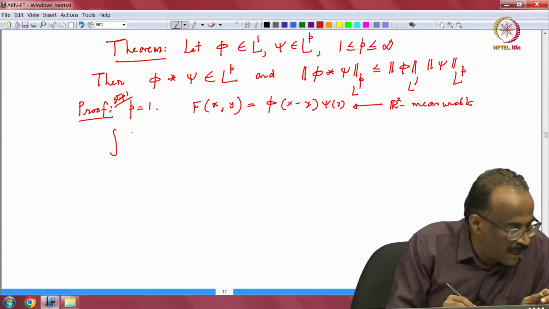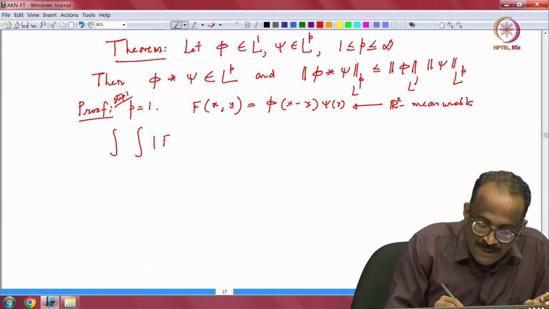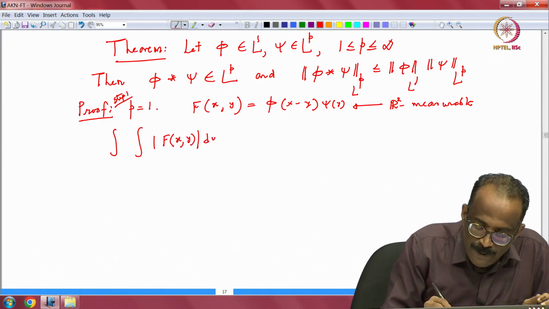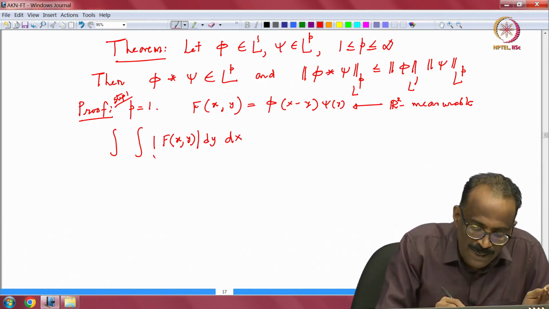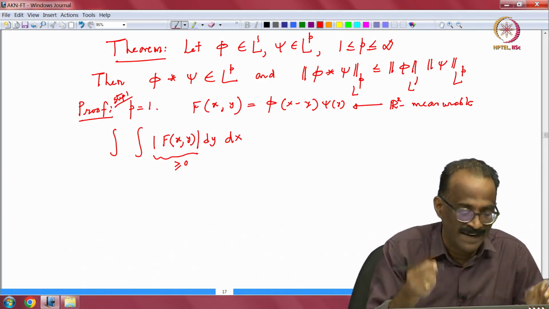So, this is Rn, this is Rn, modulus of f. Once it is measurable, you can write the integral dy of dx, and this is non-negative. This integral may possibly be infinity, but we are going to show that it is finite.